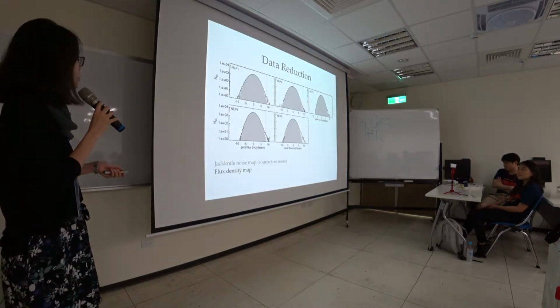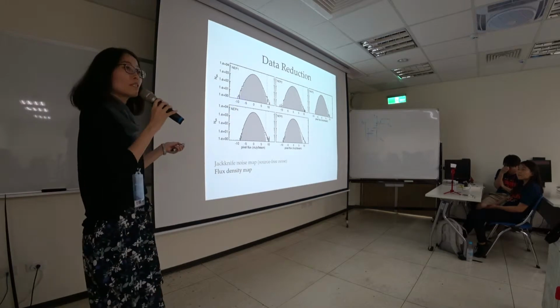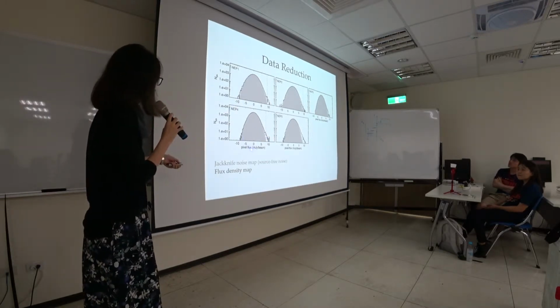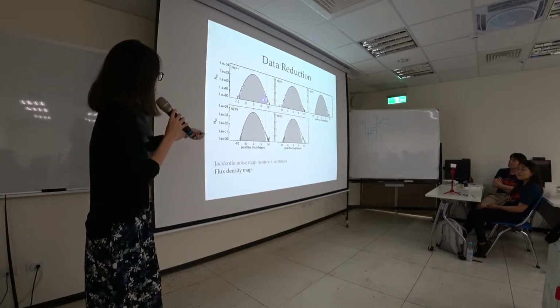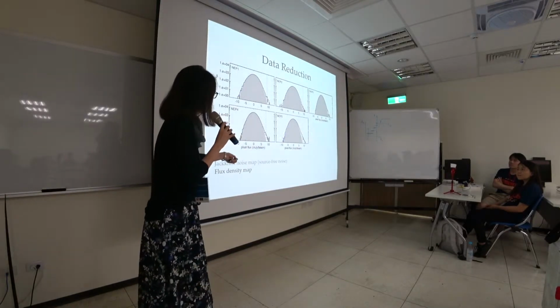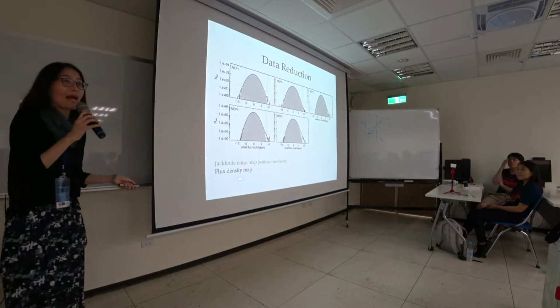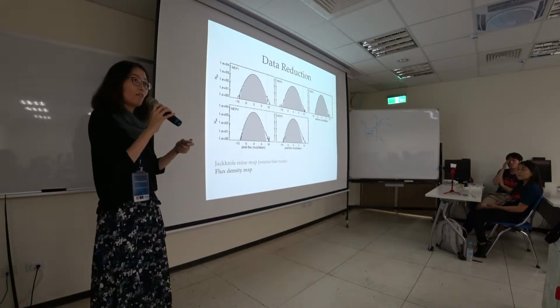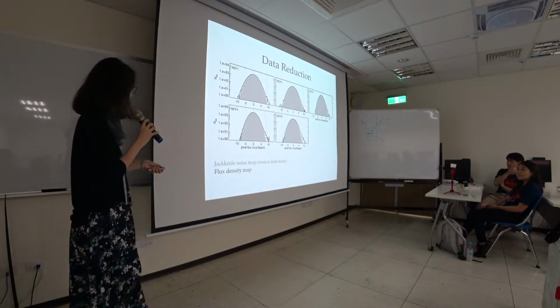So this is just a pixel number distribution, showing the pixel flux per beam. You can see the solid lines are from the actual flux density map, and the shaded regions are the pixel distribution constructed from the noise map.